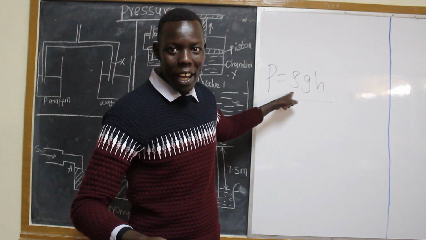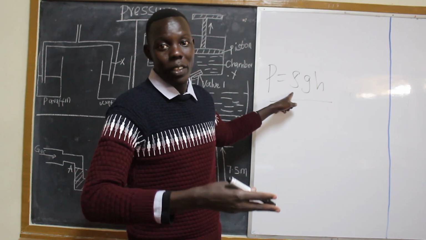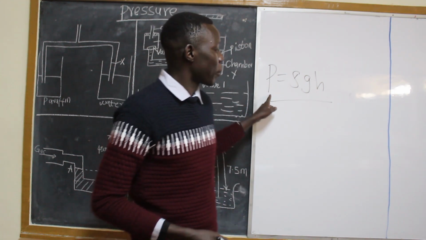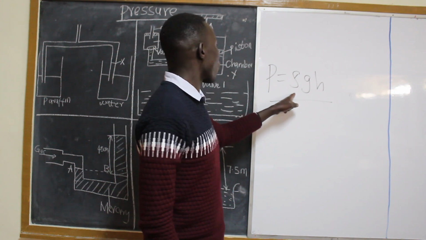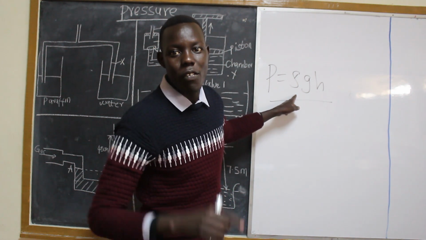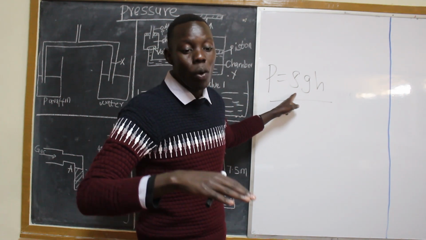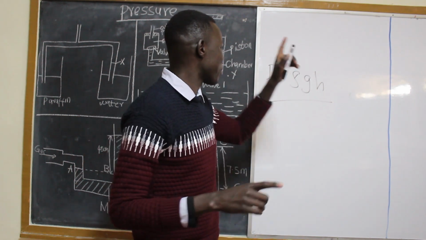Because the density is already different for water and paraffin, water being denser than paraffin, they will have different heights. For them to produce the same pressure, the one with greater density, the water, will have a smaller height. The one with less density will have a greater height so that it can match and produce the same pressure.